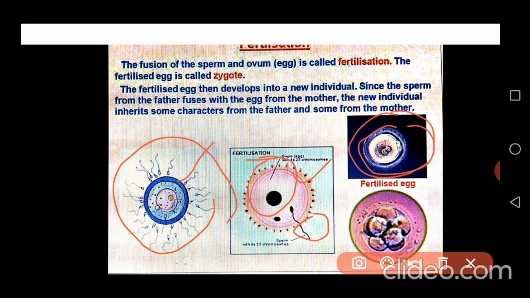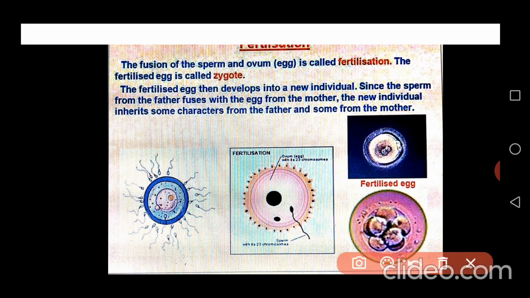Usually, students, the sperm, that is the male gamete, contains only 23 chromosomes. The female gamete, that is ova or egg, contains 23 chromosomes. After fertilization, 23 from the sperm and 23 from the egg, the resulting fertilized egg, what we call the zygote, contains 46 chromosomes.